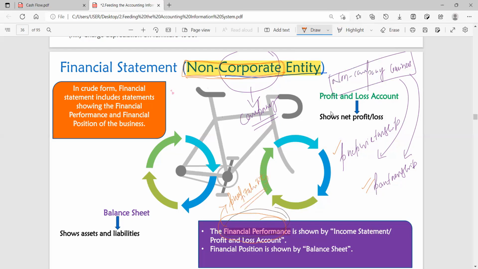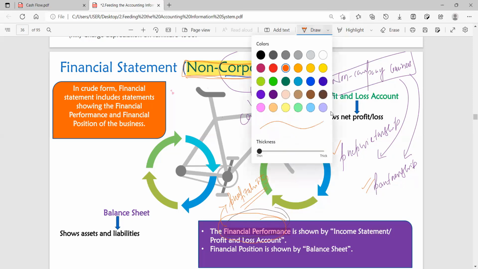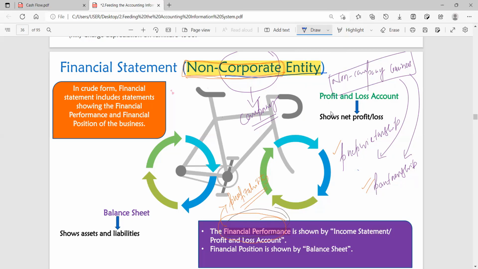So whether the business is running profitably or we are suffering losses, or what the position is when it comes to our operational efficiency, how efficiently we are running our business. That is our financial performance, which we generally call our profitability. How profitable our business operations are. That is the first thing any owner, any proprietor, or any partner of a partnership firm would be interested to know about.